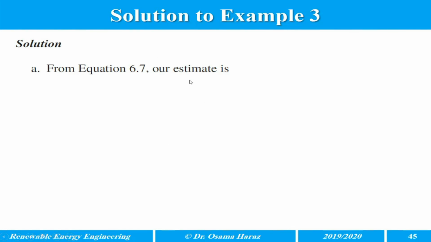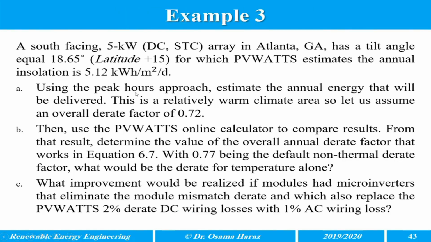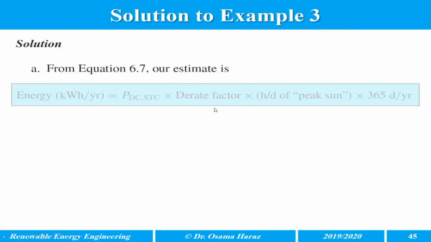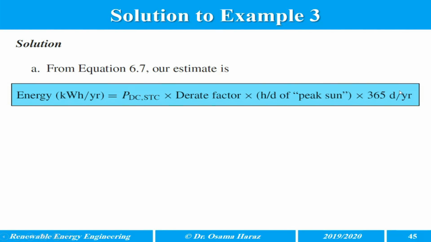So for the first part of this example, we need to use the peak hour approach. We are going to use this formula to calculate the estimated annual energy production. The energy in kilowatt hours per year is P DC at STC times the derate factor times H over D of the peak sun multiplied by 365 days per year. So what about the P DC at STC?